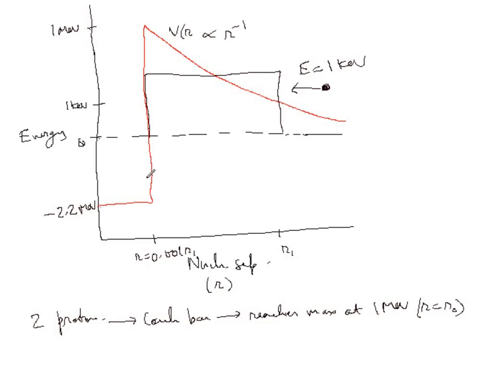Now you see two nuclei with relative kinetic energy of 1 keV, which is typical for temperatures in stellar interiors, can classically approach each other only to within a separation of R1. Now, what is R1? It is 1000 times greater than R0.